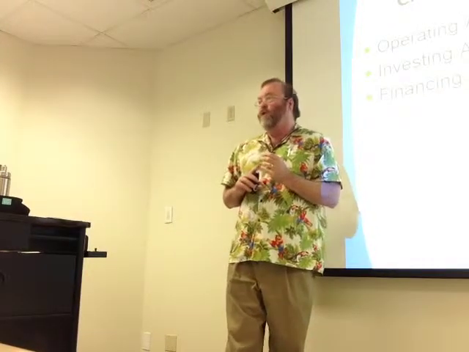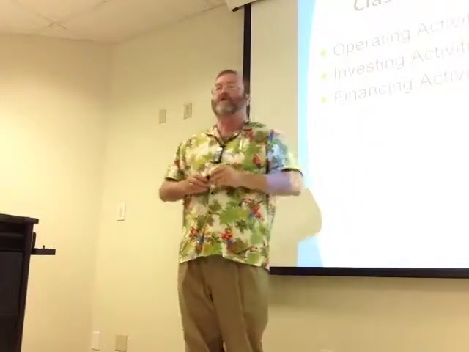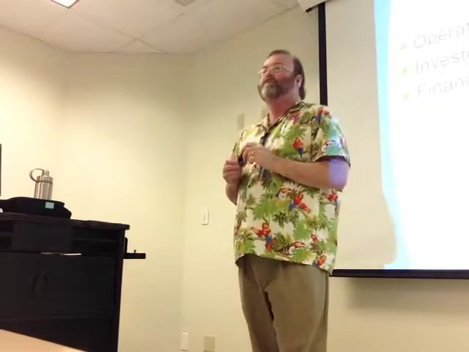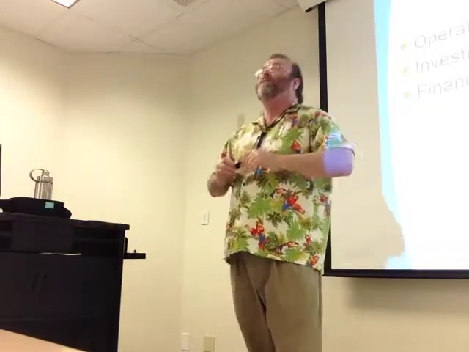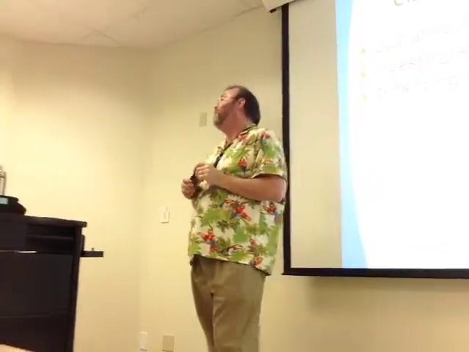All right? So the items on the income statement, which I'll talk about here in a second, plus any net changes in current assets and current liabilities, feed the operating activities section of the statement of cash flow. Yes, sir? Are liabilities under expenses or other liabilities for the... Liabilities on the balance sheet. This is all off the balance sheet. Items on the income statement plus current assets and current liabilities. All right?